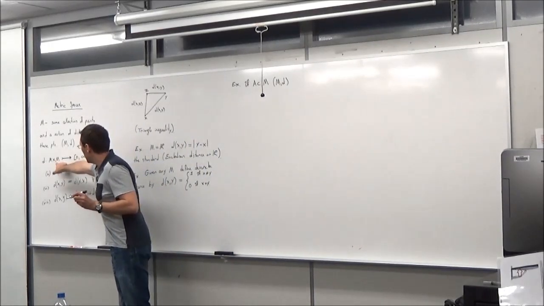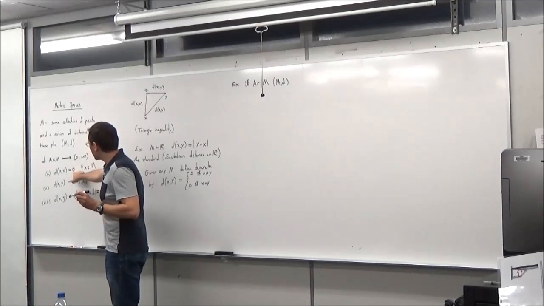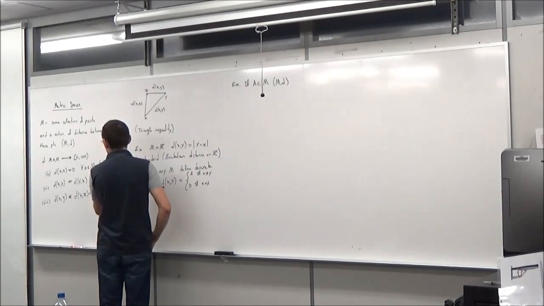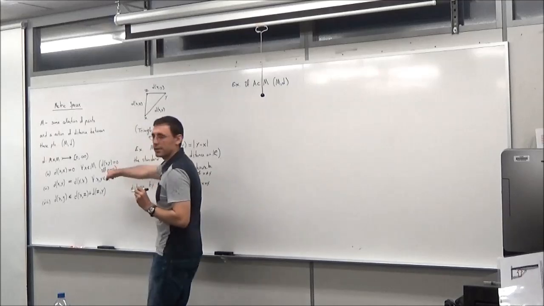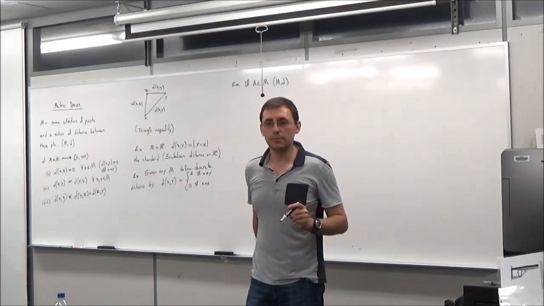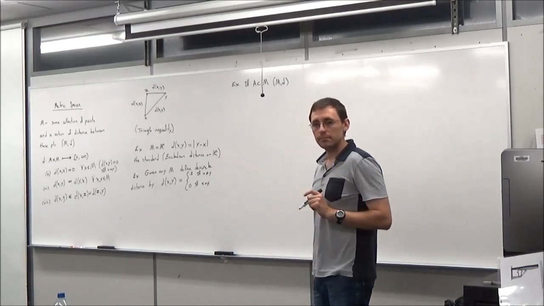I should also add in this first property that the distance from x to y equals 0 if and only if x equals y. That's an important thing to add, so the distance between two distinct points should never be 0.